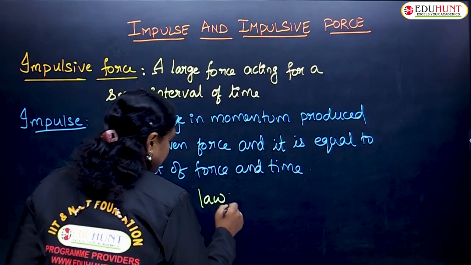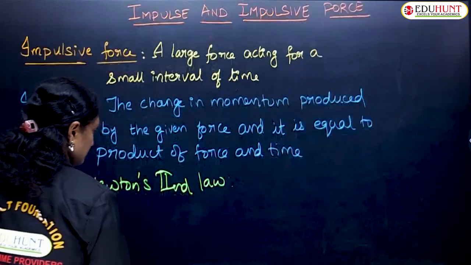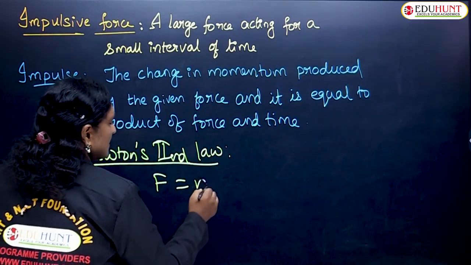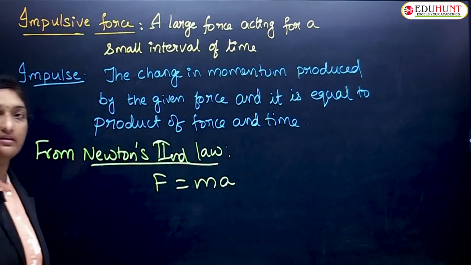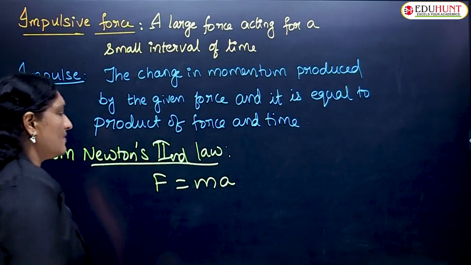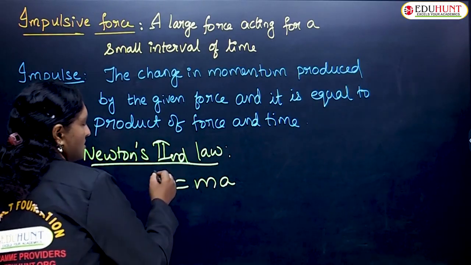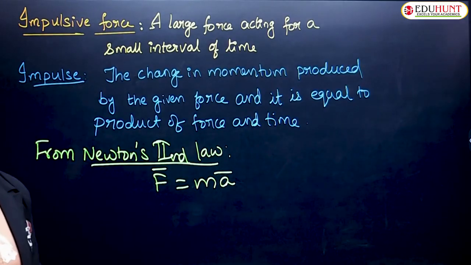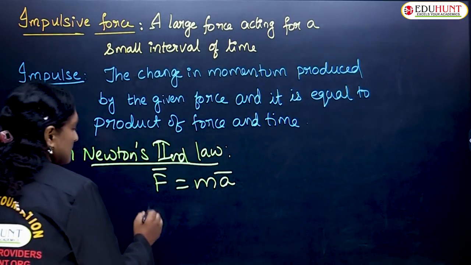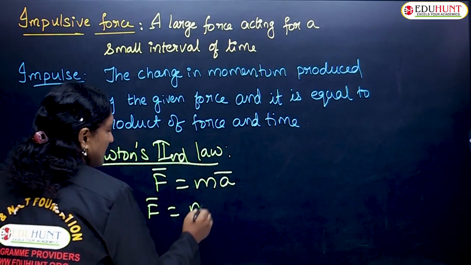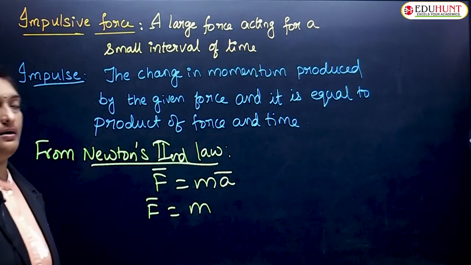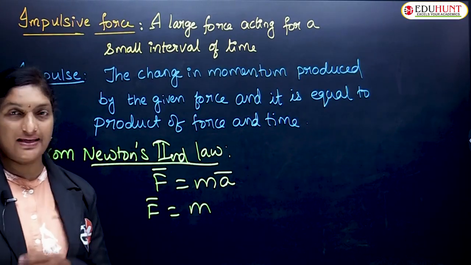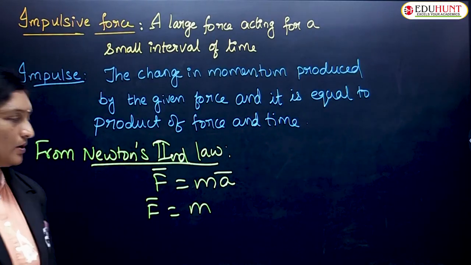What we know from Newton's second law is F equals ma. Force is a vector quantity and acceleration is also a vector quantity. So to represent a vector quantity, let me indicate with a bar overhead. So F bar can be written as m into acceleration. Acceleration can be defined as the rate of change of velocity, that is change in velocity upon time.